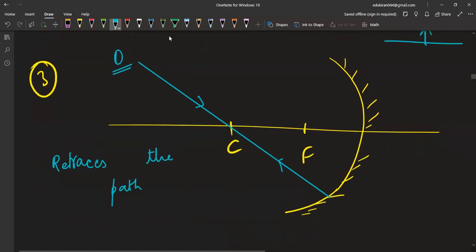Also, don't be so firm that this is the only direction. When I'm drawing all these things, see, suppose this mirror is present. This is the center of curvature. So the ray of light can pass like this also and then get bounced back.